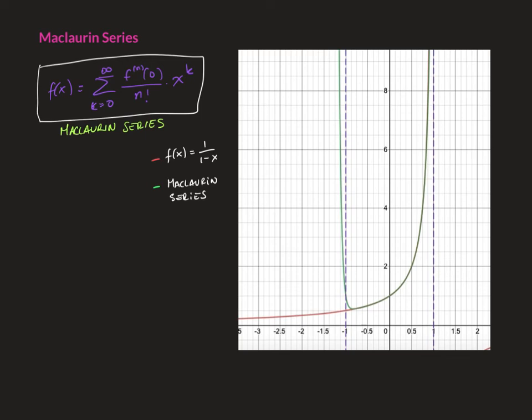So we can determine, and we're going to do that a little bit later, what the radius of convergence is for this Maclaurin series. So I want to show you now how this Maclaurin series is obtained for the function 1 over 1 minus x.